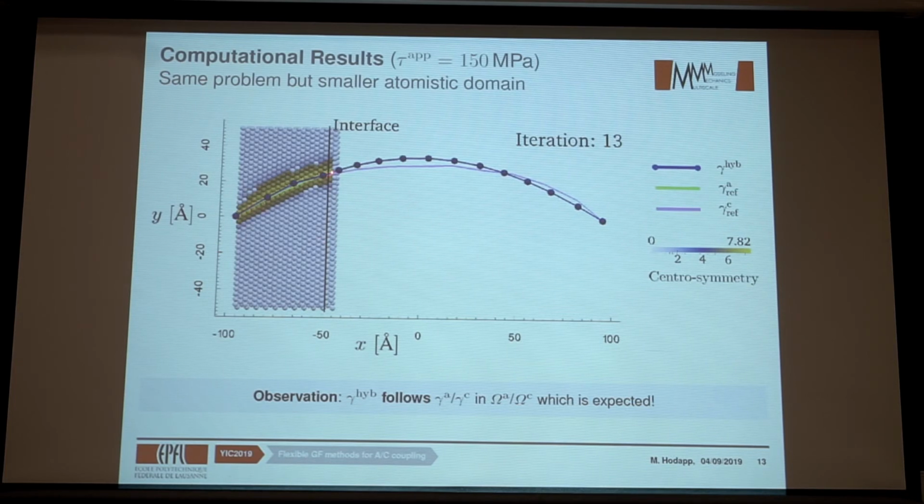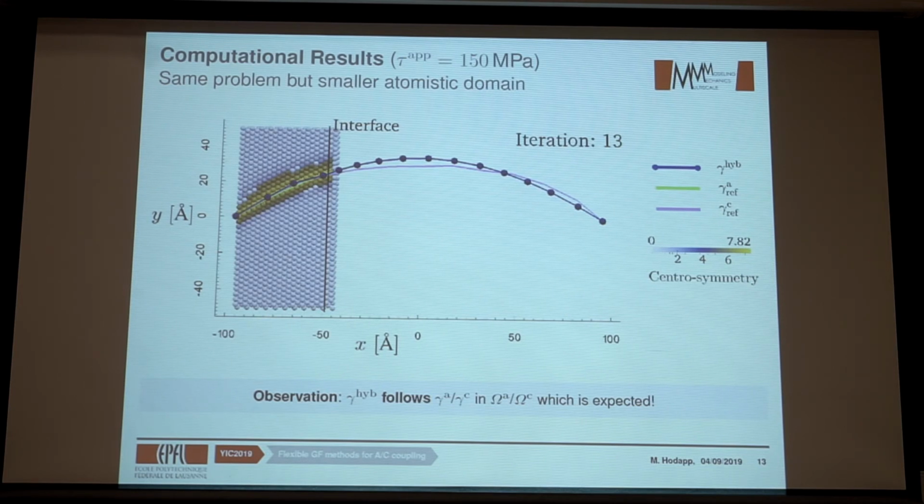So the two reference problems agree in the atomistic domain. Our coupled simulation is in agreement with the reference solution and in agreement with the discrete dislocation solution in the remainder of the domain, so in the continuum part. So for this test case, our method works fine.